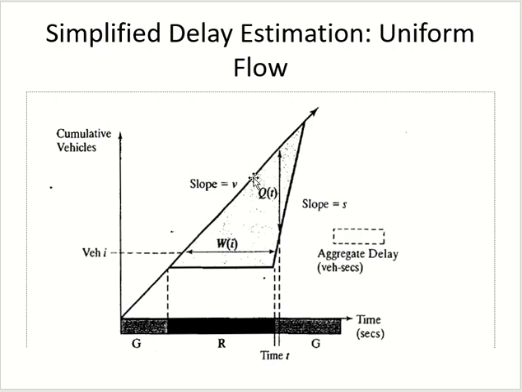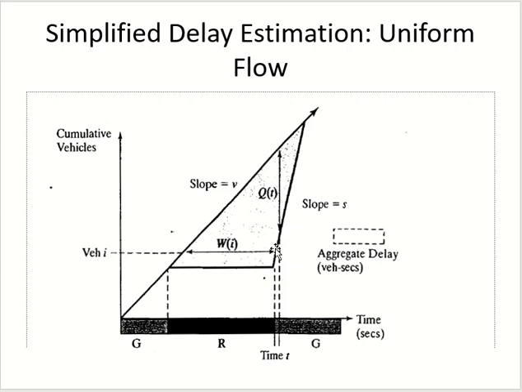But the departure, or leaving the intersection, is stopped. So during the red phase, you see the departure line is flat. Then the time becomes green again. So arrival is still going up, but now the departure has also started. Clear?